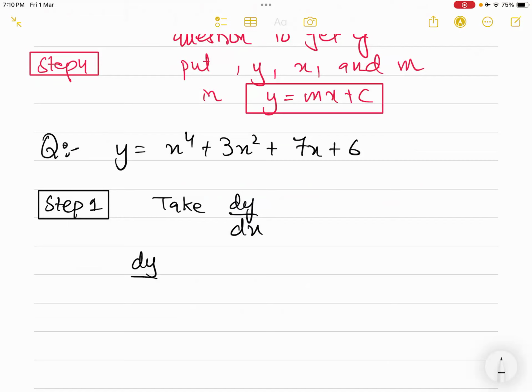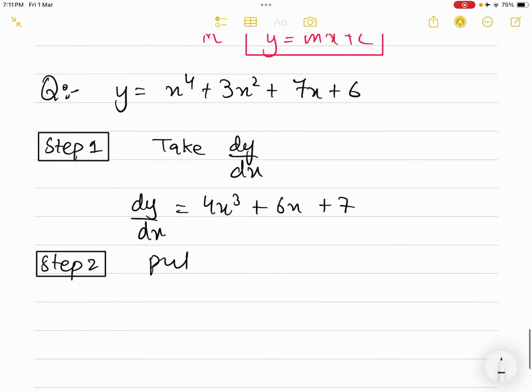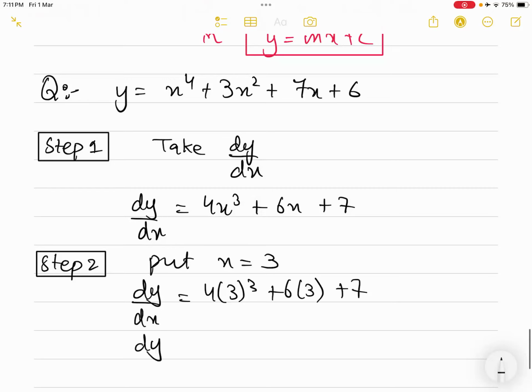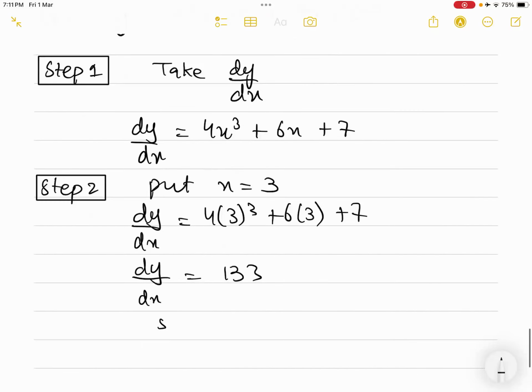So dy by dx would be 4x cube plus 2 threes are 6x plus 7. Step 2, put x is equal to 3. We just did it a minute ago: 4 into 3 cube plus 6 into 3 plus 7. We got dy by dx equal to 133, so the gradient is equal to 133.